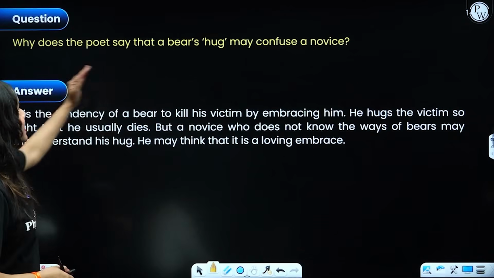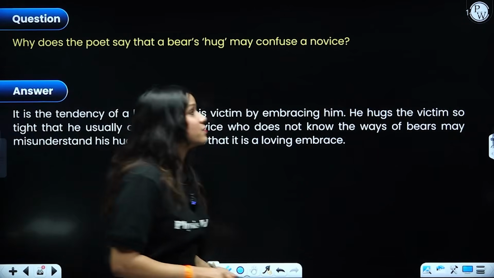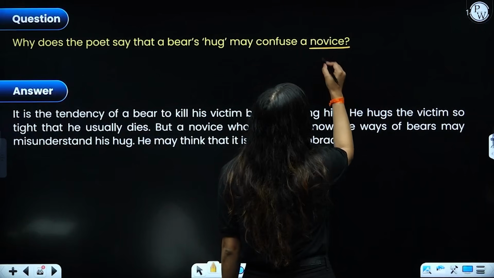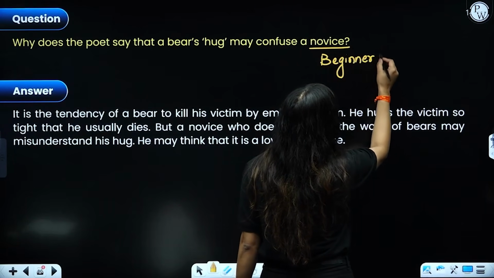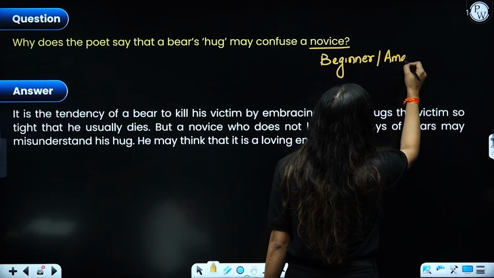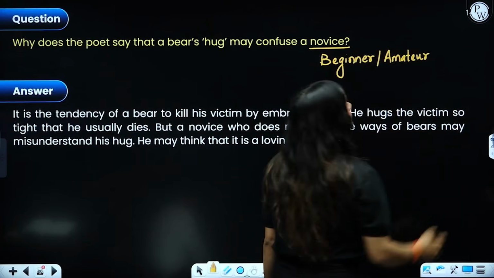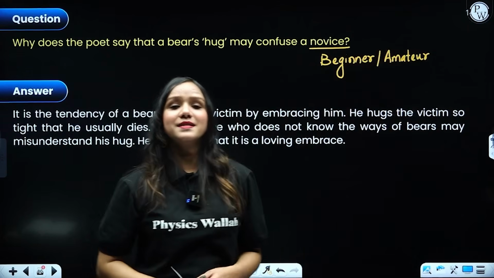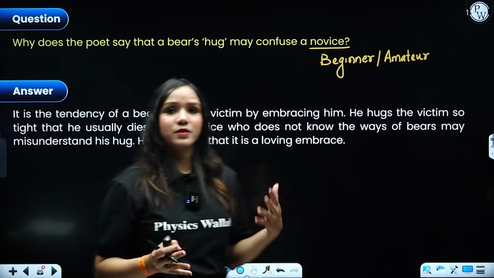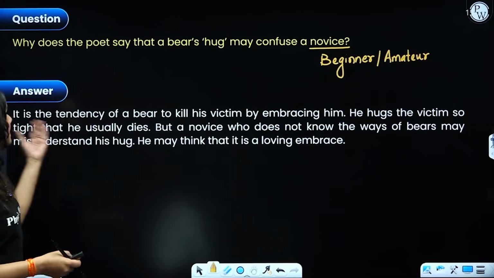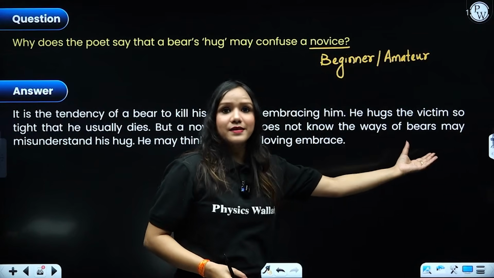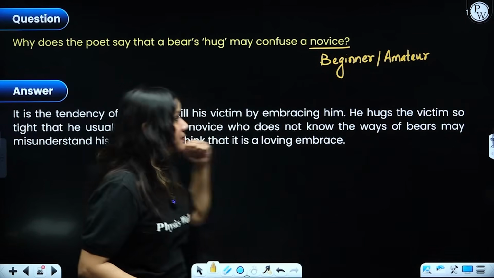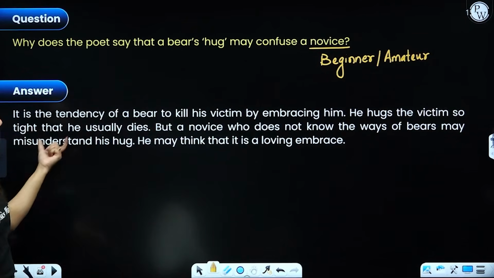Now, why does the poet say that a bear's hug may confuse a novice? What is the meaning of a novice? A beginner, you may call, or an amateur. A beginner who has little knowledge about things or about animals or people, right? It is the tendency of a bear to kill its victim by embracing or by giving a strong hug that is enough to strangle you to death, right? So he hugs the victim so tight that he usually dies.